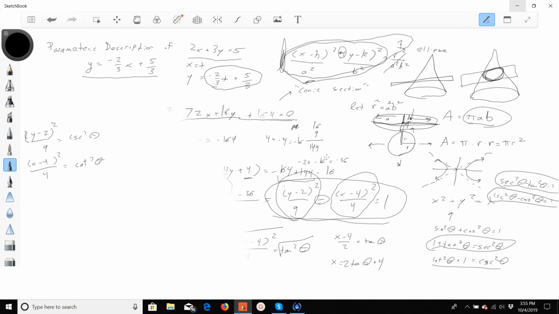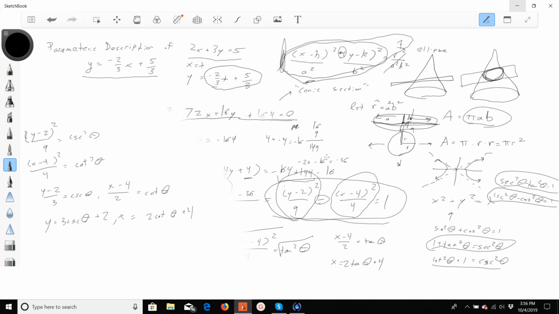So (y minus 2) over 3 is equal to cosecant theta, and (x minus 4) over 2 is equal to cotangent theta. So y is equal to 3 cosecant theta plus 2, and x is equal to 2 cotangent theta plus 4.